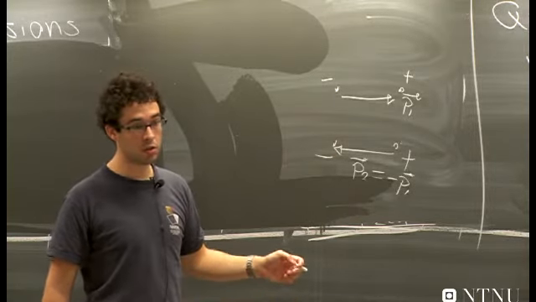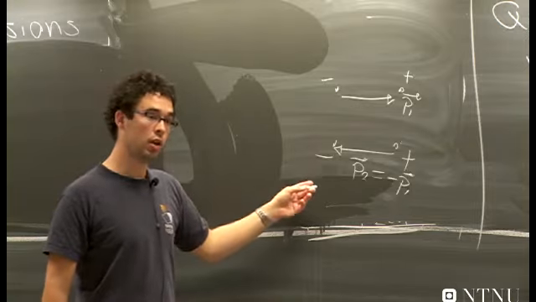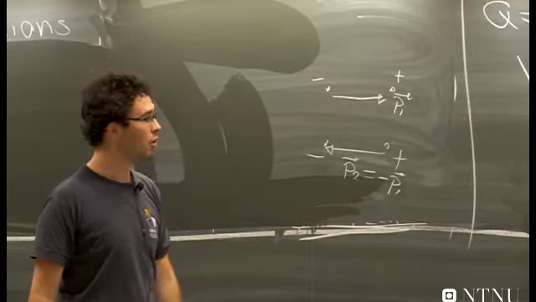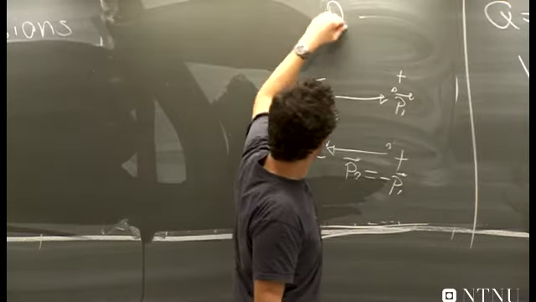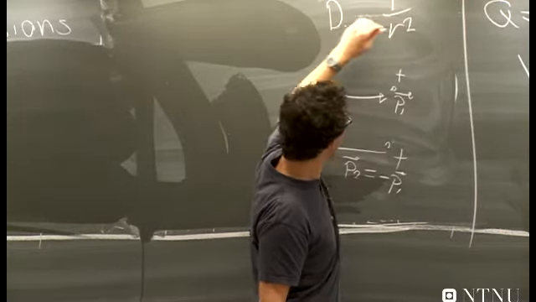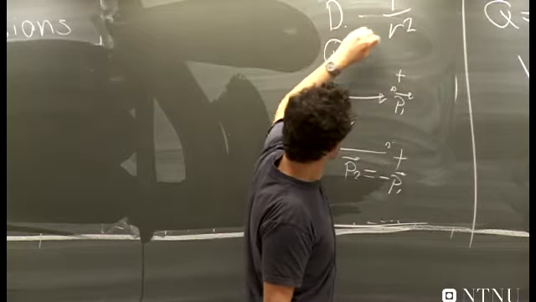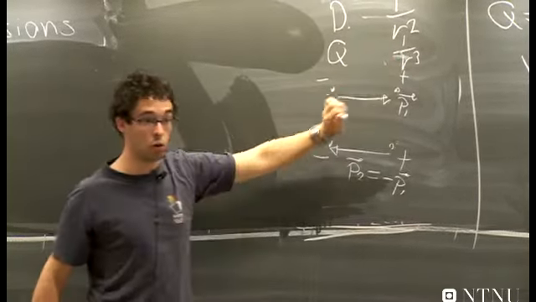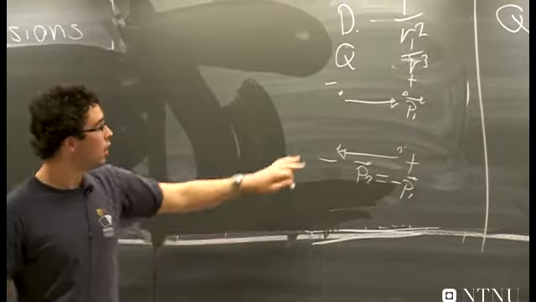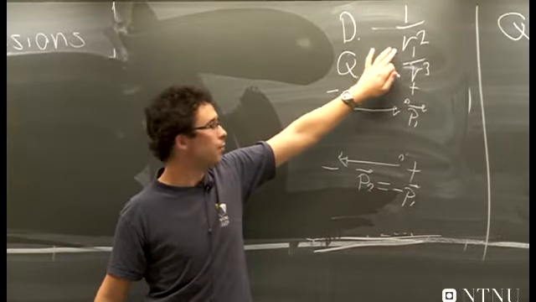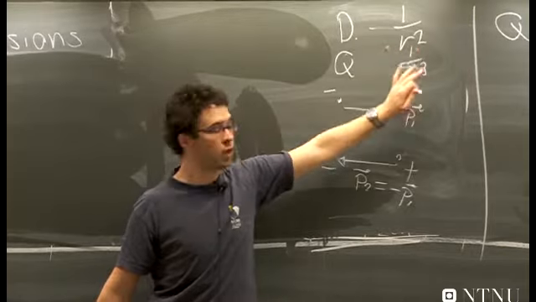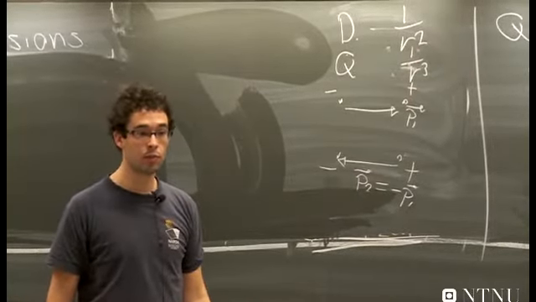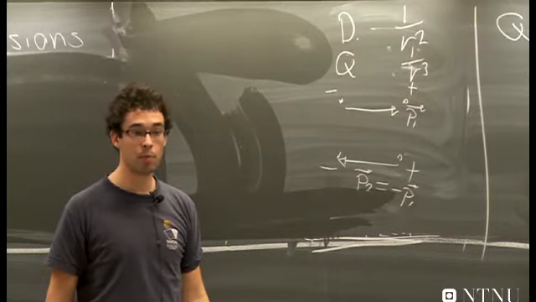So the leading term is not dipole if the dipole happens to be 0. But otherwise it will be, right? Because the dipole is 1 over r squared and the quadrupole is 1 over r cubed. So if I go far away, it's always going to be the term with the lowest power here which dominates. Same always. Yep.